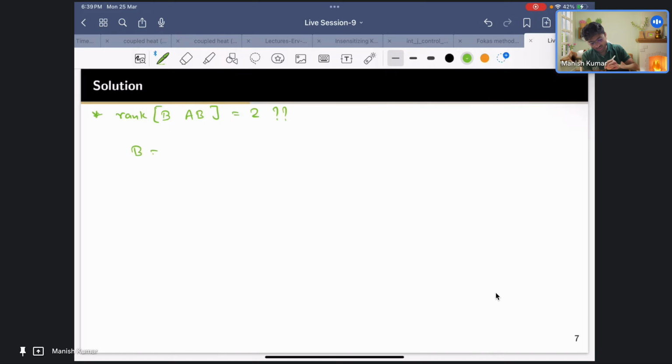So let us see. B is given by (1, 1) and A is given by [2 4; 0 5]. Then AB, if we compute, will be (6, 5).